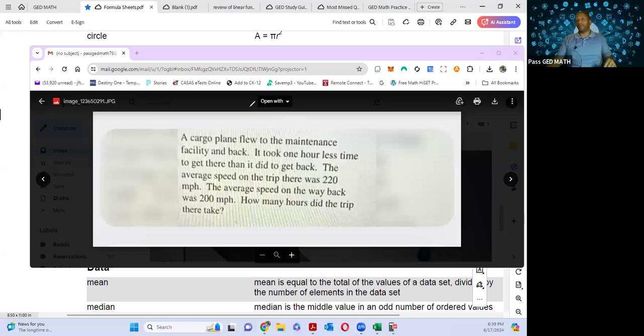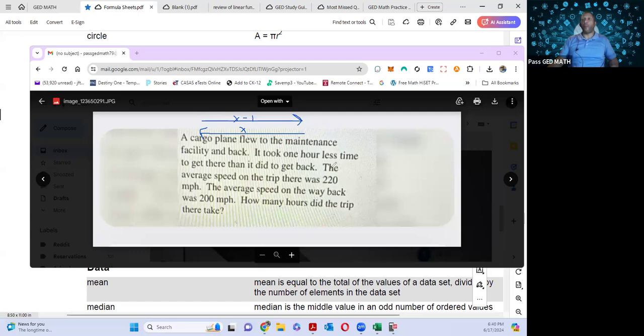First of all, listen. First of all, draw a diagram. The cargo flew to the facility. It flew back. It took 1 hour less time to get there than it did to get back. So to get back is X. To get there is X minus 1.